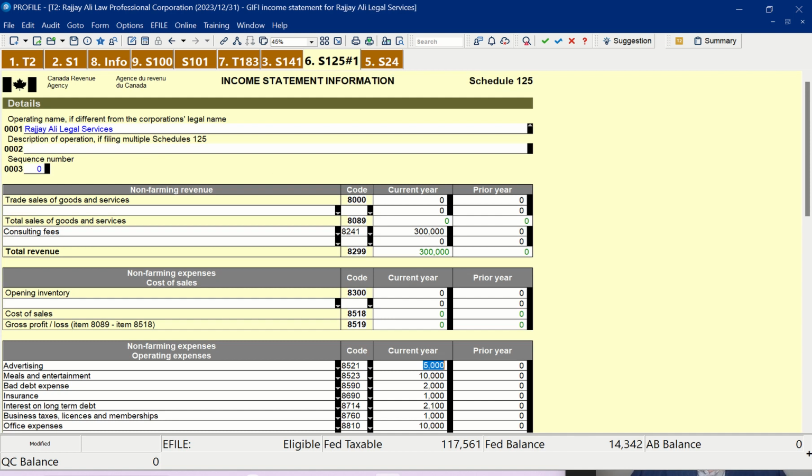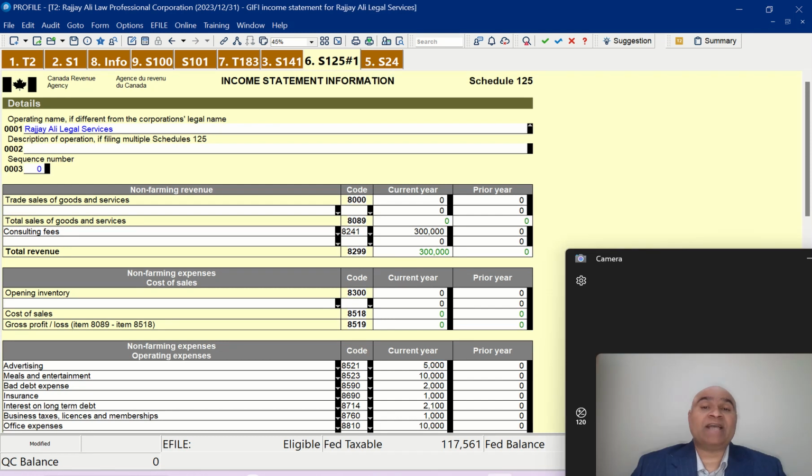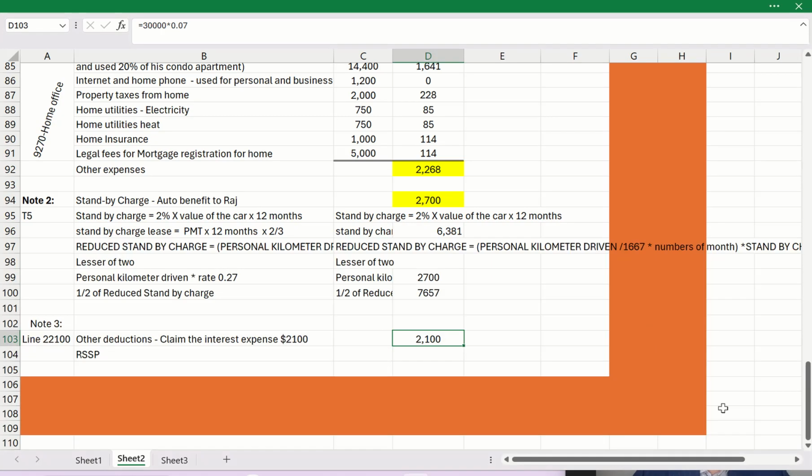You can add as many as you need. You might have 30 different operations under the same professional corporation, then you could add 30 different forms. Or usually maybe 5 or 6, but that's normal. So fill out this, and this information directly came from this Excel sheet from here.